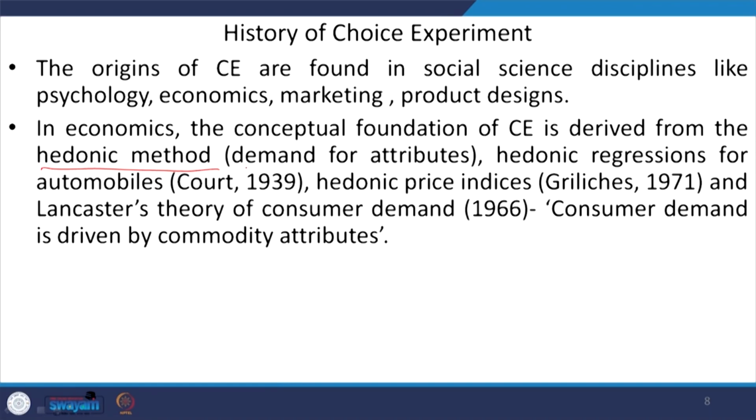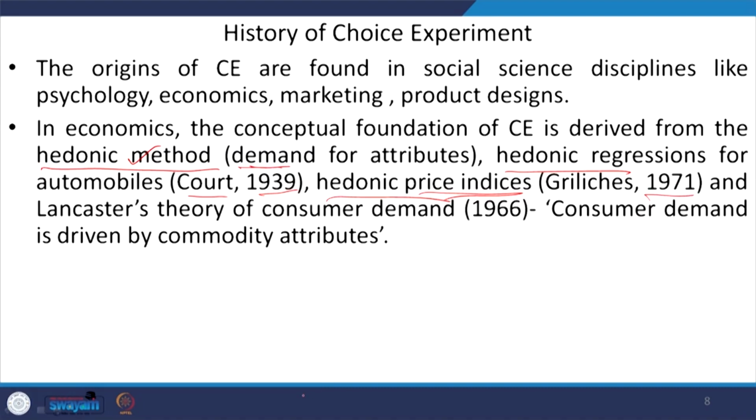That means the demand for a particular good or service depends upon the characteristics or various attributes it has. So, this hedonic method is the theoretical base of the choice experiment method, and moreover we can find hedonic regressions and hedonic prices. The earliest application can be found in 1939 in the automobile sector, and hedonic price indices were also applied in 1971.